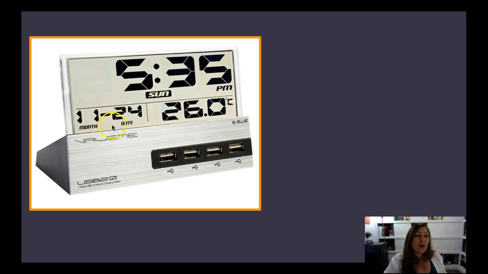Pregunto, ¿cuál es la fecha? La fecha es el 24 de noviembre. ¿Qué día es hoy? Hoy es domingo. ¿Qué día es mañana? Mañana es el lunes. ¿Qué tiempo hace? 26 grados Celsius.